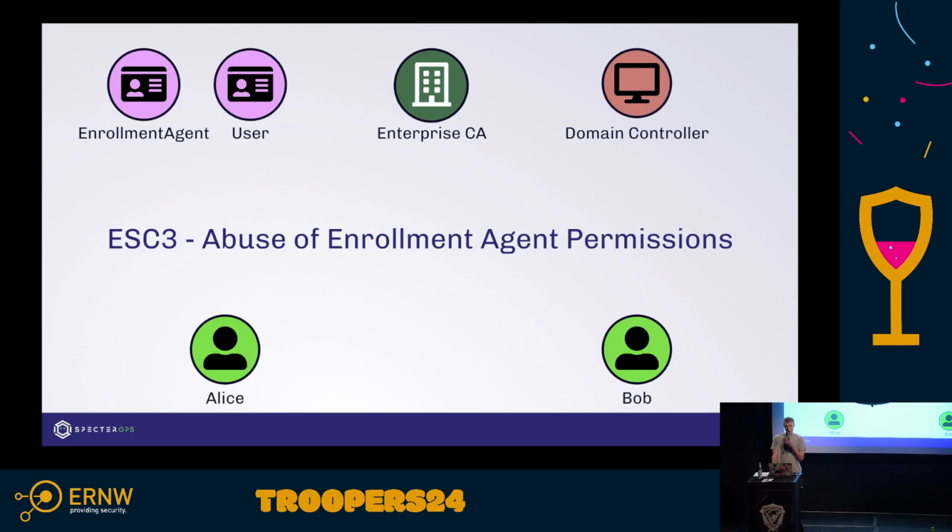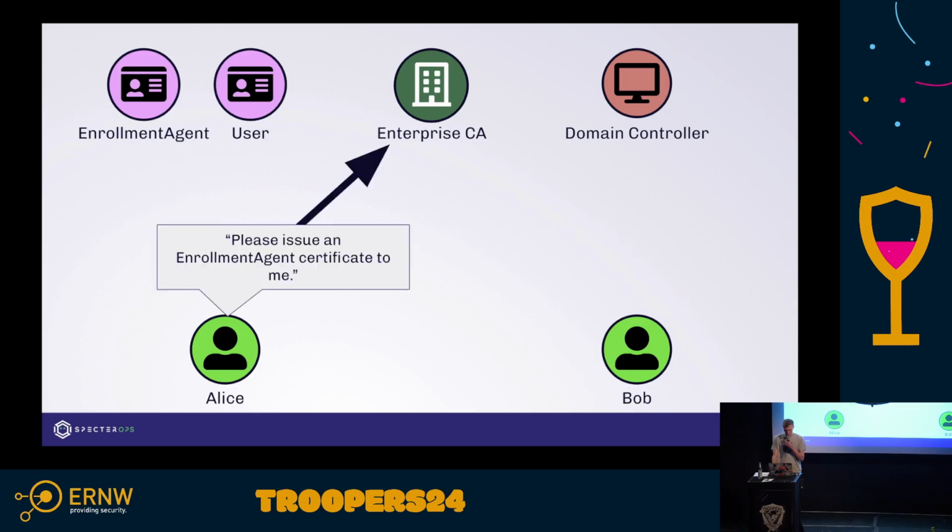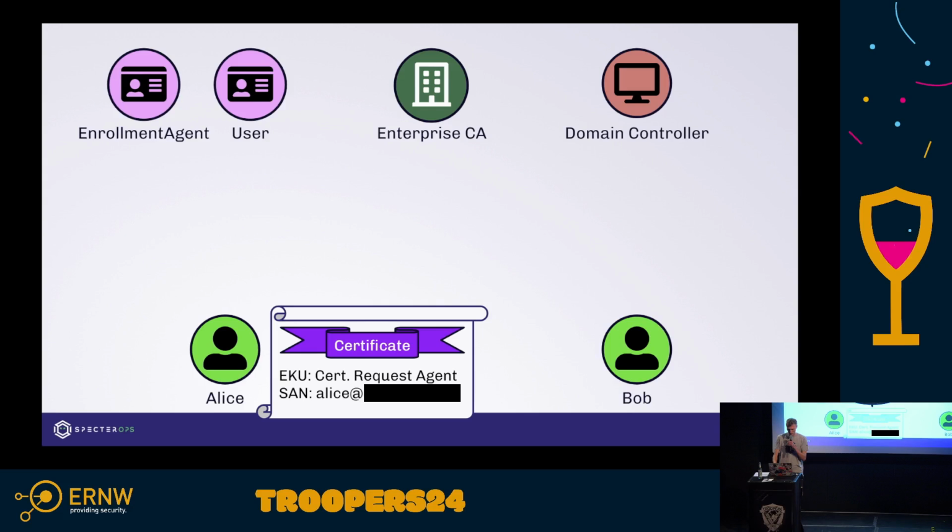Now, Alice wants to become an enrollment agent, and she does that by requesting a certificate of the enrollment agent certificate template. Assuming that Alice has the enrollment rights to do so, she will receive this certificate here. What's special about an enrollment agent certificate is that it has this EKU called certificate request agent. And that is essentially what makes you an enrollment agent. What an enrollment agent can do is to enroll on behalf of other principals.